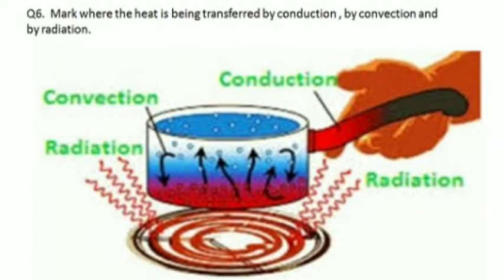That is how solids get heated up by direct contact. Now, how is the water getting heated up? Fluids are heated by convection. So water is being heated up by convection. And what about this fire? The fire is also radiating heat to the surroundings. So that is radiation.